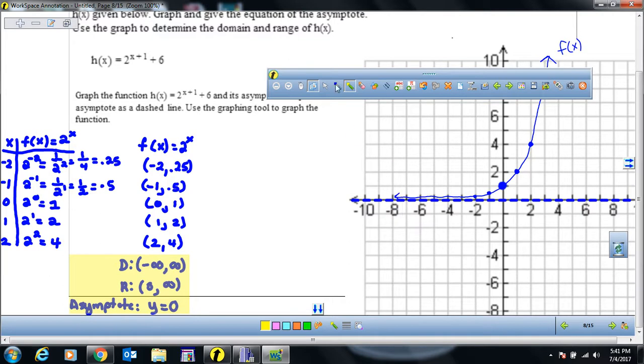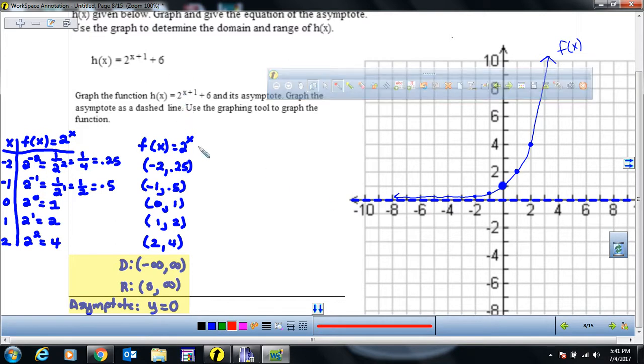Okay. Now we're going to go ahead and do the function h of x. Now, how do we get from this function f of x to the function h of x? Well, there are two transformations that we need to apply. The first one, if you remember, we need to apply the +1 that is on the x. That +1 is going to make the graph go to the left 1 unit, meaning that it's going to be subtracted from the x values.